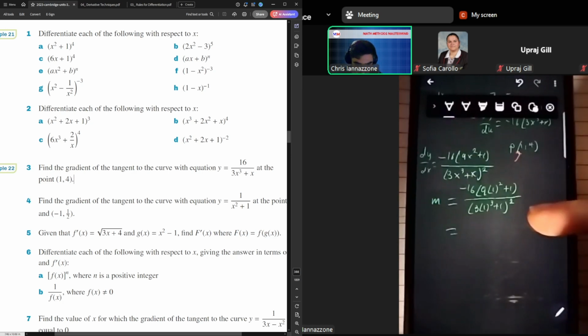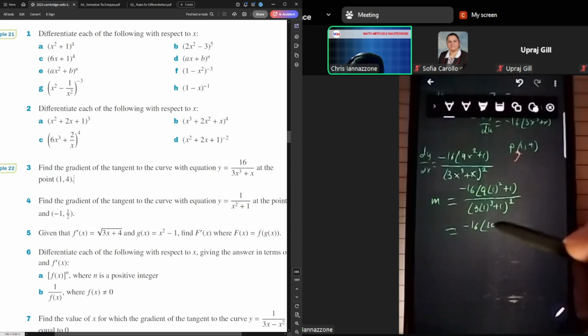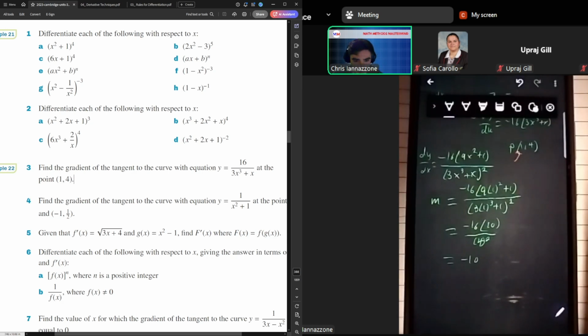This is just pure arithmetic at this point. Minus 16, 9 and 1 is 10, 3 and 1 is 4, and then square that. 4 fours are 16, and the 16s will cancel, giving you just negative 10 there.